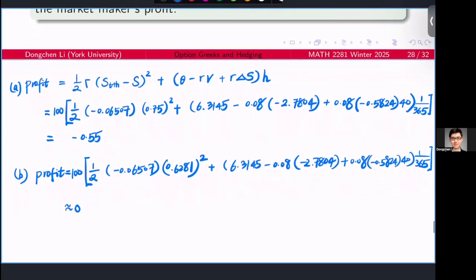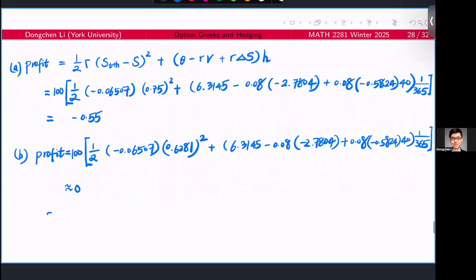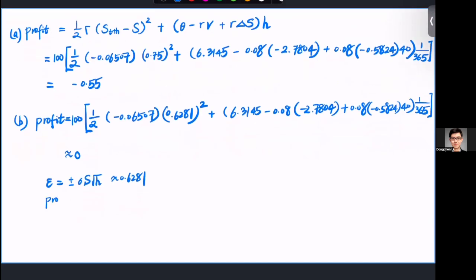This is a very special case: when the stock price change is plus or minus sigma times S, where S is the current stock price, times the square root of H, which in this case is approximately equal to 0.6281, the profit is zero. This can be justified by mathematical derivation, but that is a bit beyond the reach of this course, so I just state this as a fact.